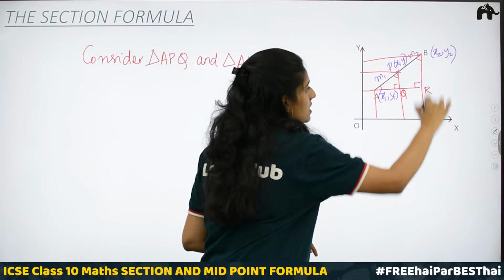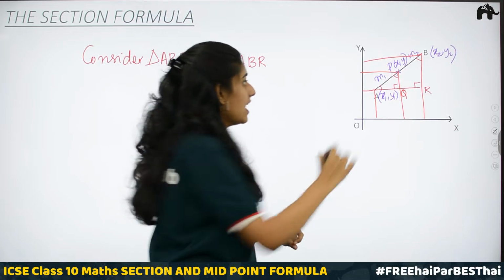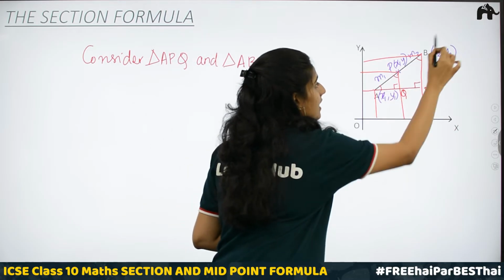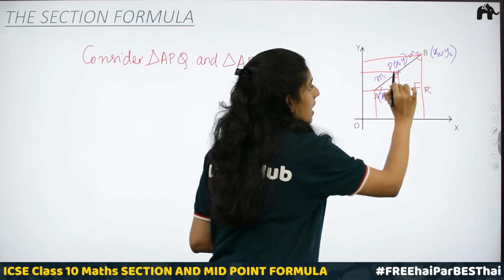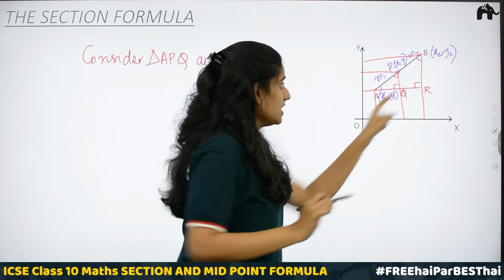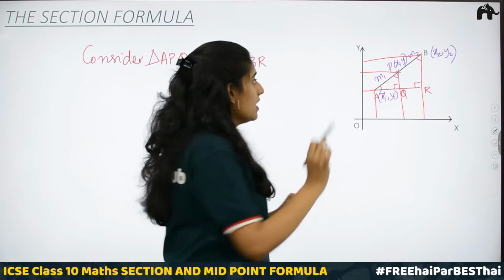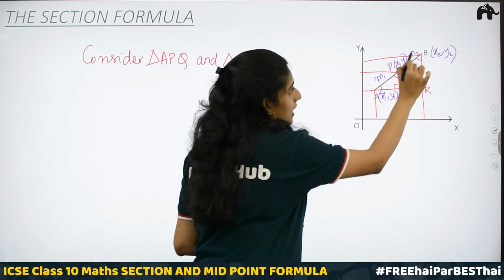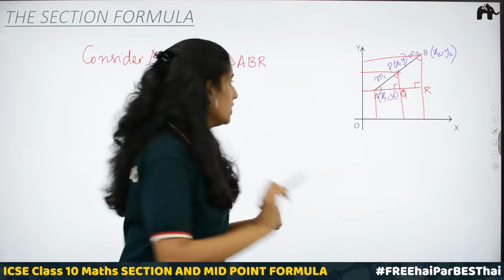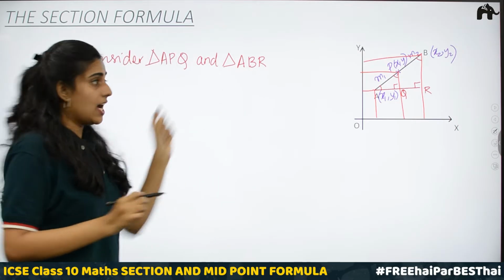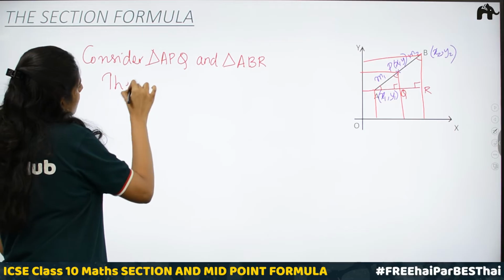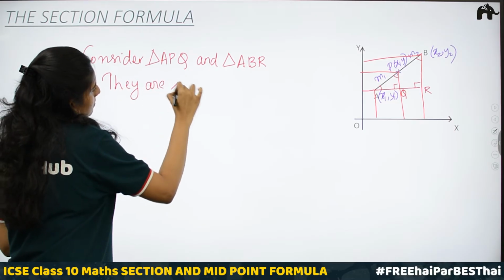This is also a straight line perpendicular to the x-axis. And this is a transversal that passes through both these parallel lines. So when a transversal passes through parallel lines, corresponding angles are equal. Therefore, angle P and angle B are equal. Which means triangles APQ and ABR are similar triangles.